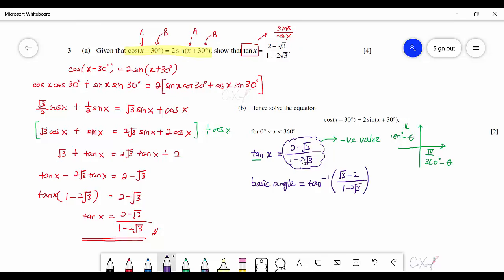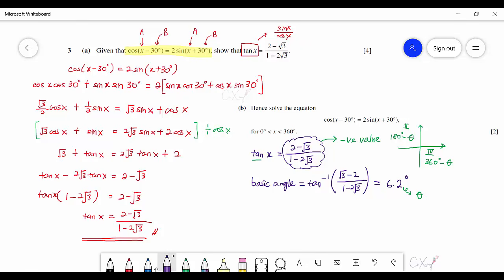Ignore the negative value because I want to make sure that my basic angle is always in the first quadrant. So I will always make the value positive first. Then you will see that the basic angle is 6.2. So the 6.2 degree here is actually the theta. That's what I mentioned inside here. So the theta will be the basic angle.